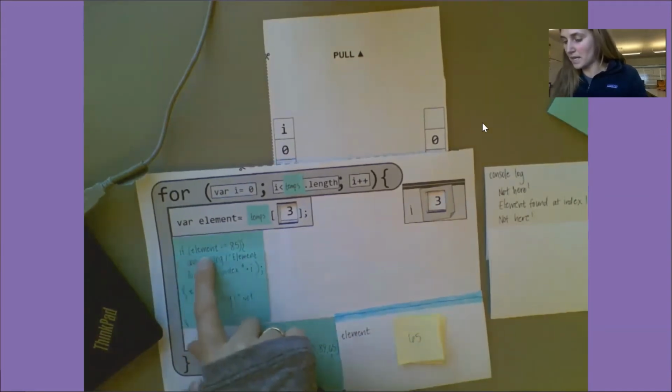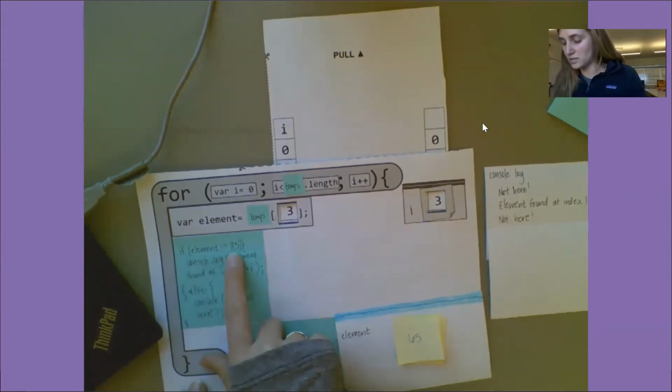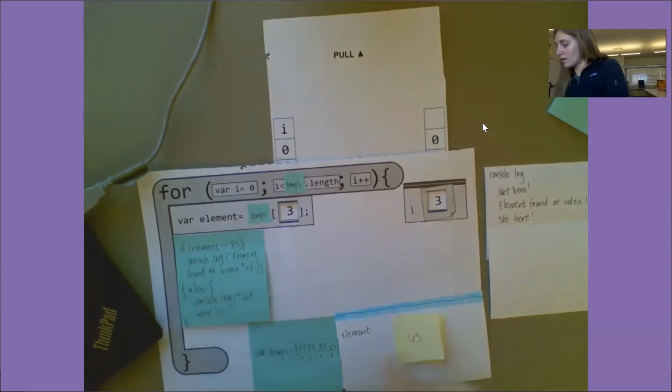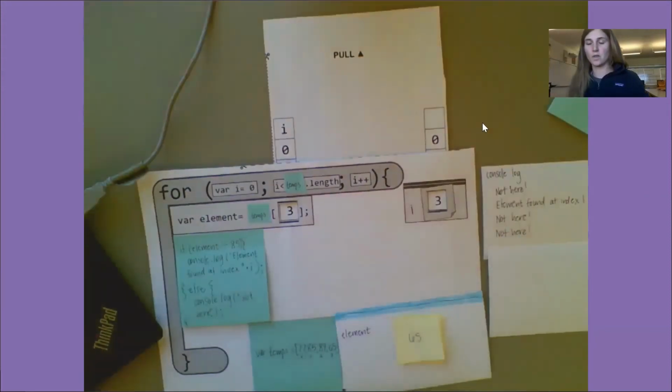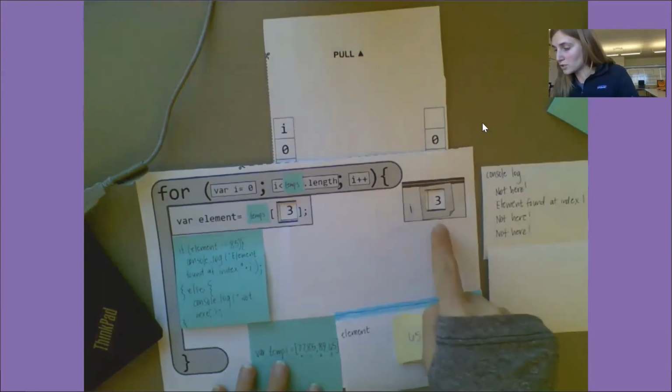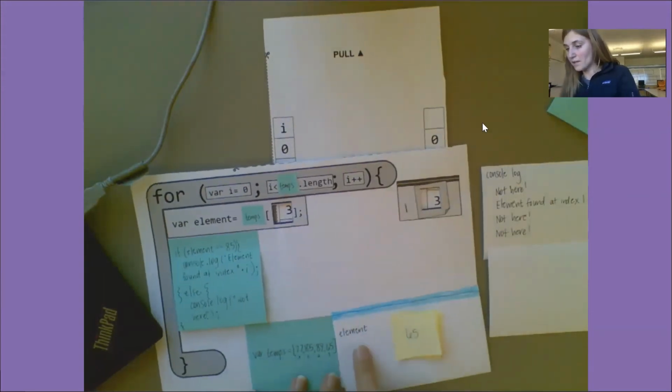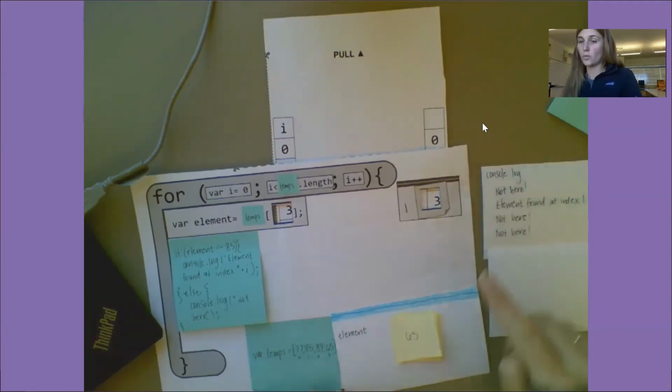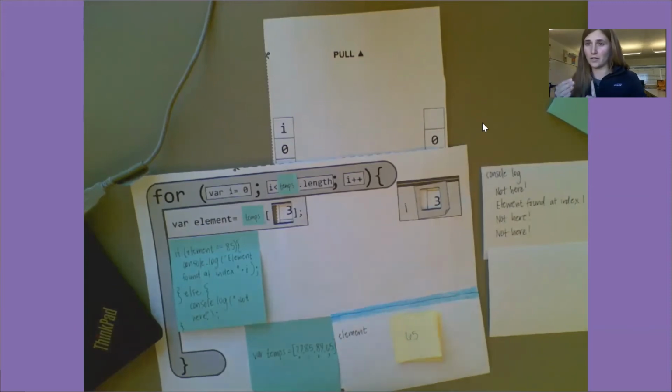If element is equal to 85, which it's not, so we go to else and we write in console log, not here. So after we run through the program, the value of i should be 3, the value of element should be 65, and our console log should read: not here, element found at index 1, not here, not here. Okay.